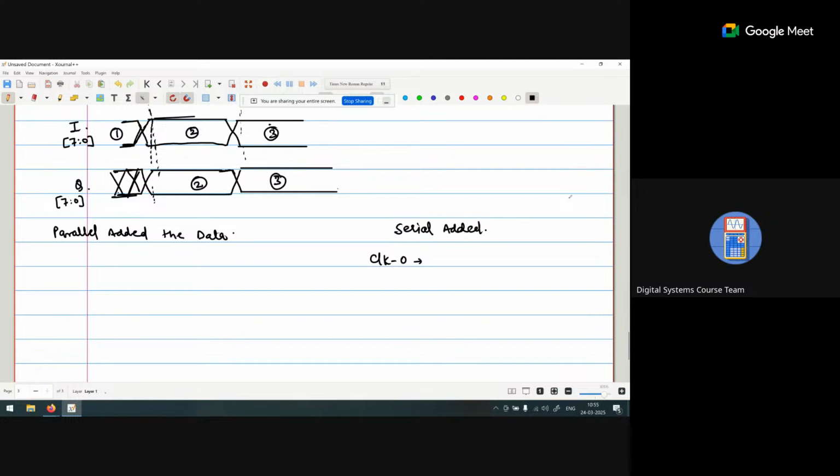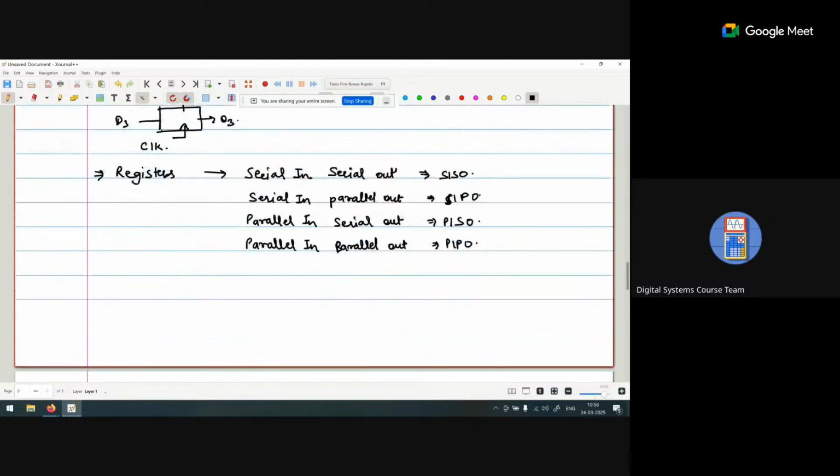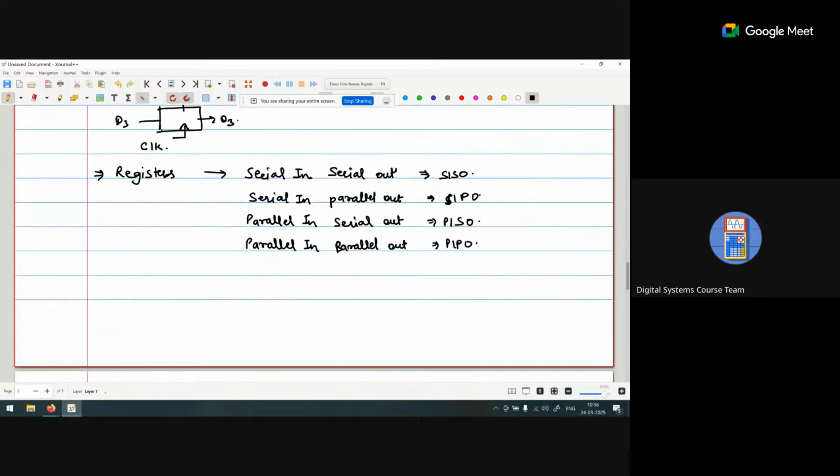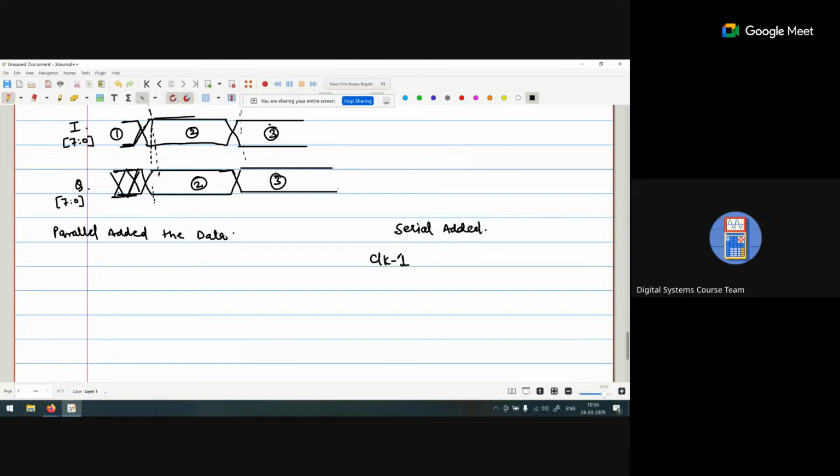Because when we apply a single clock pulse, what it means is that we can say Q0 is equal to D. When we apply a second clock pulse, we can say that Q1 is the previous one.